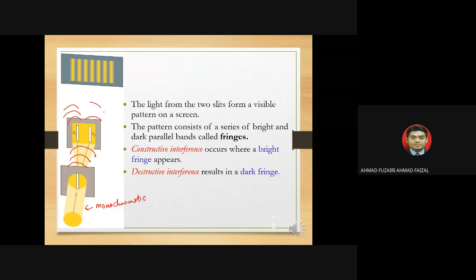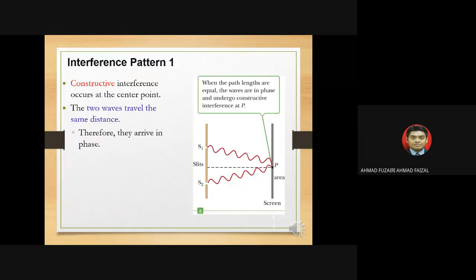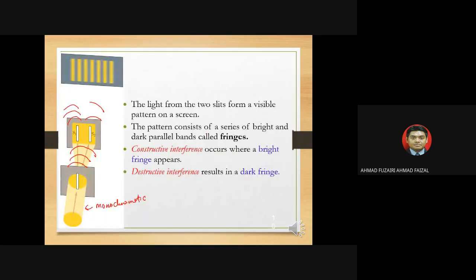Okay, encounter double slit, and then you can see a series of dark and bright fringes. Okay, can you imagine it? So please, okay, this is considered to be your screen. This is your screen. Okay, that will be your screen.